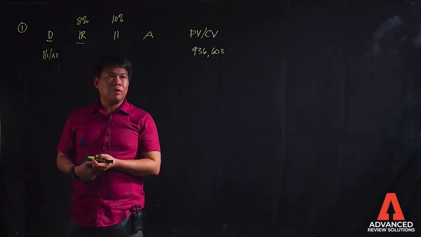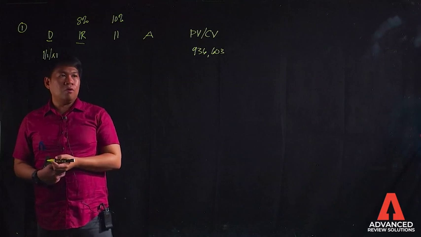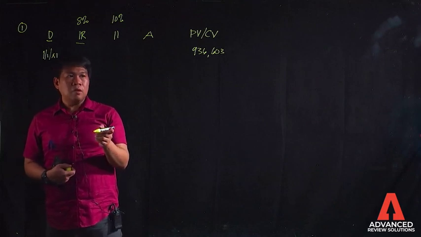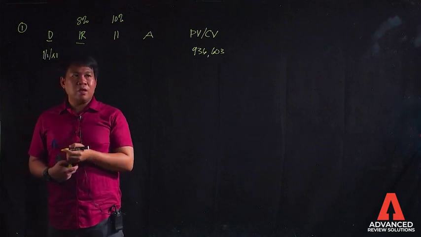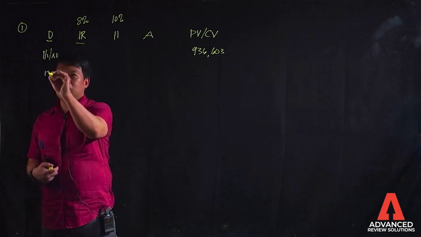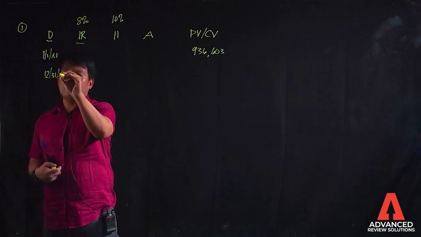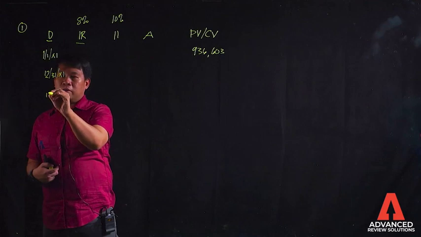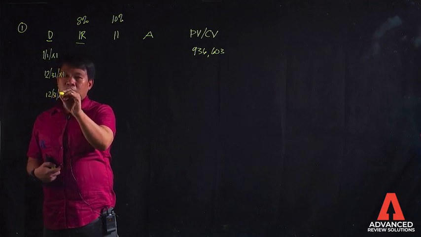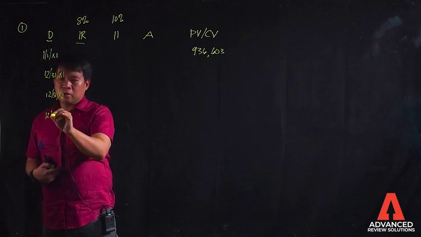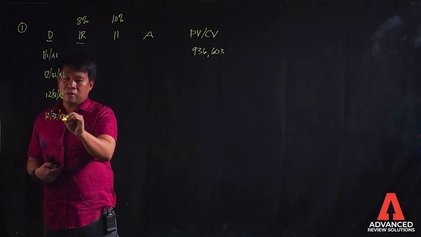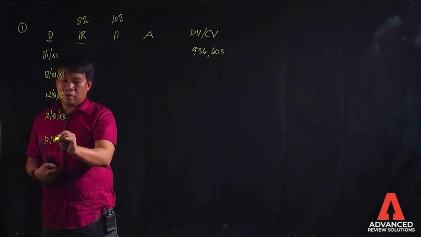December 31, 20X4. So, it says that the interest is due annually at each year end. So, this is December 31, 20X1, December 31, 20X2, December 31, 20X3, and December 31, 20X4.